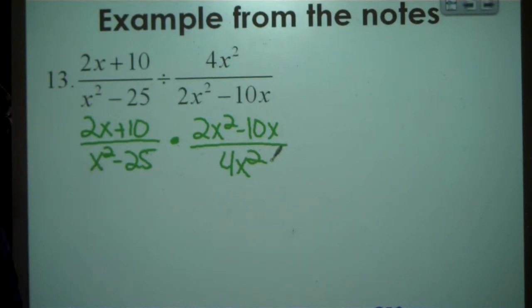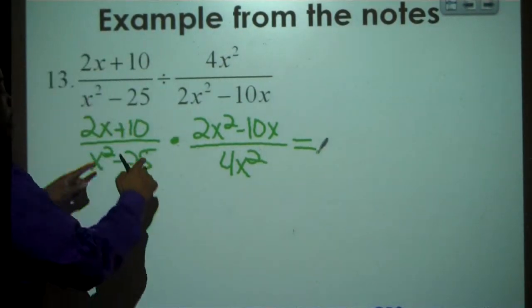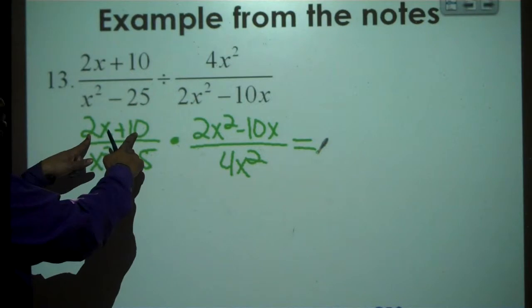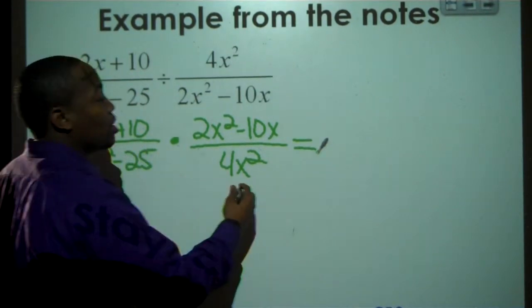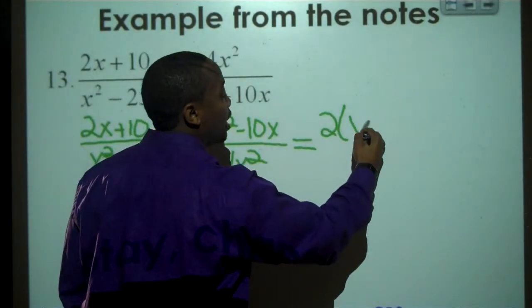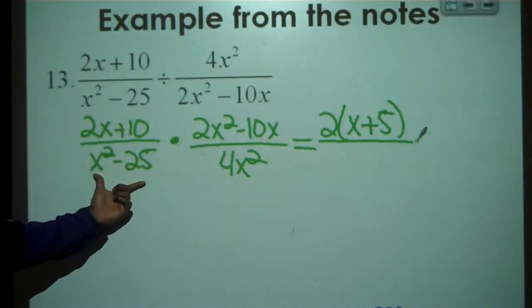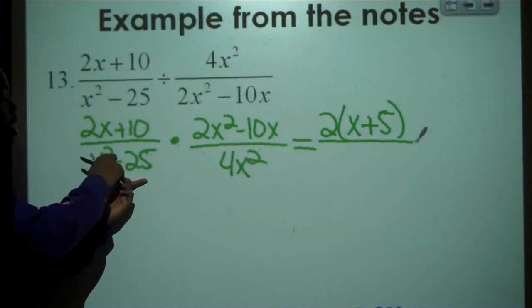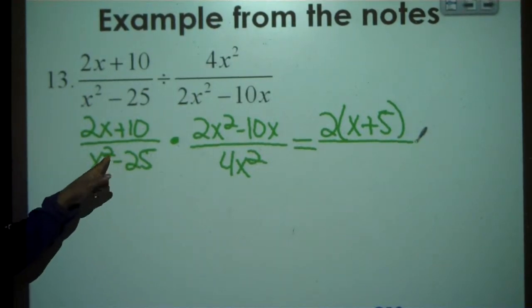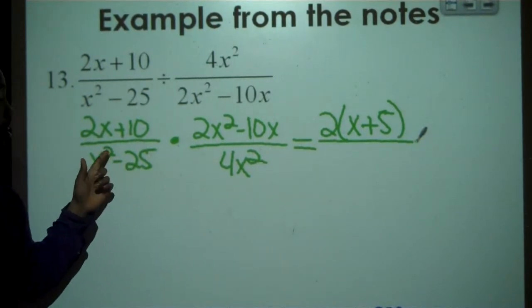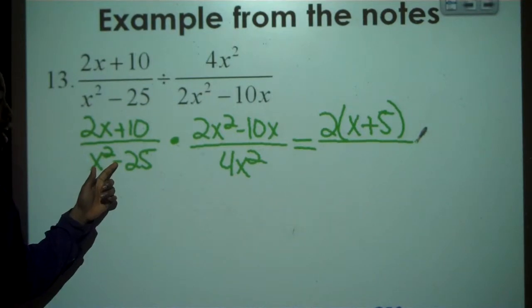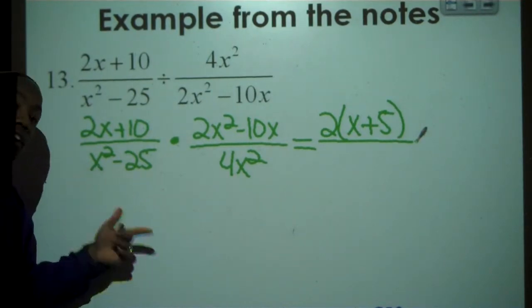Now, let's break it on down. Can I break this one down? It's a binomial, yes we can. Is it the difference of squares? No. So let's just pull a 2 out: x plus 5. Now what about this one right here? x squared minus 25. Anytime we have an x squared, a minus, and then a perfect square, it's difference of squares.